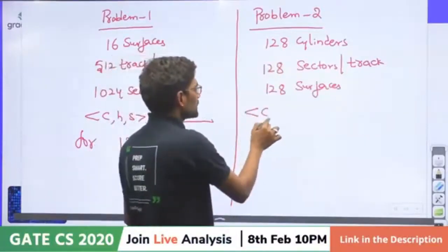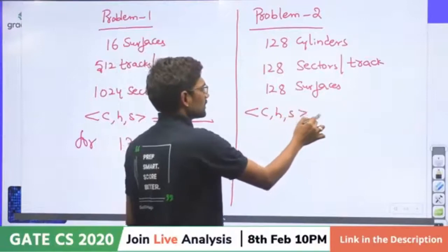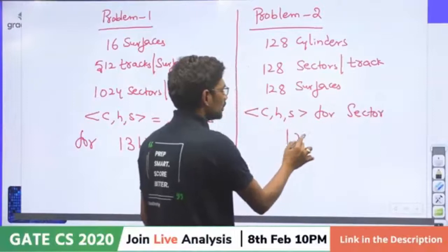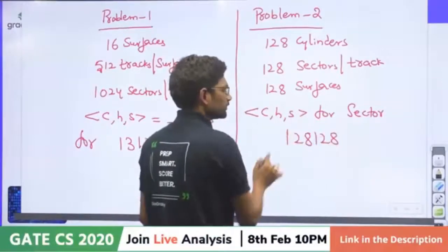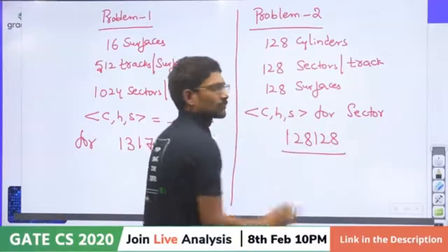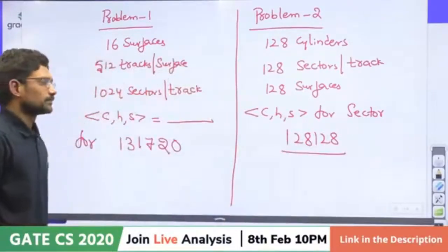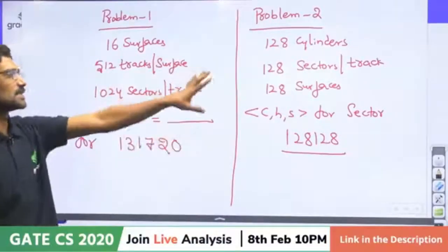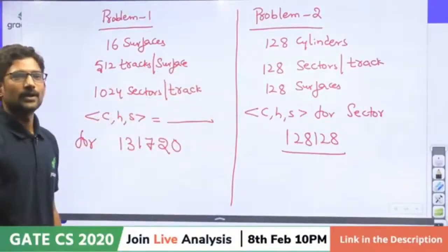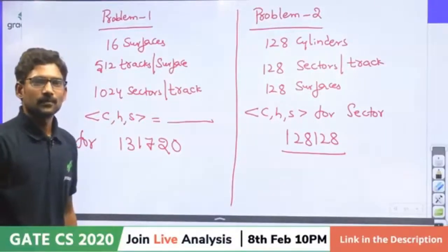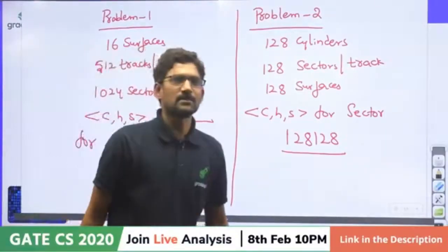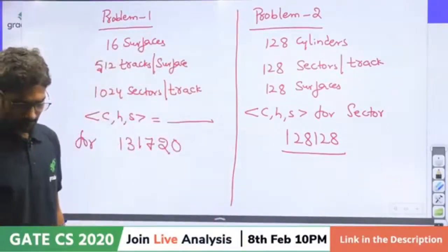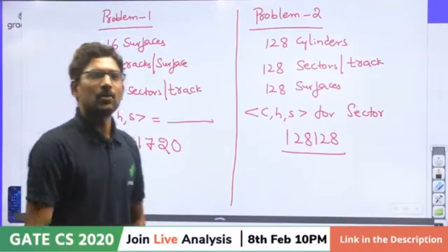I want CHS for sector 128128. For 1,28,128, what is the CHS? Tell me. Okay? So guys, I will expect these answers tomorrow. Okay? Let's see how many of you do it.